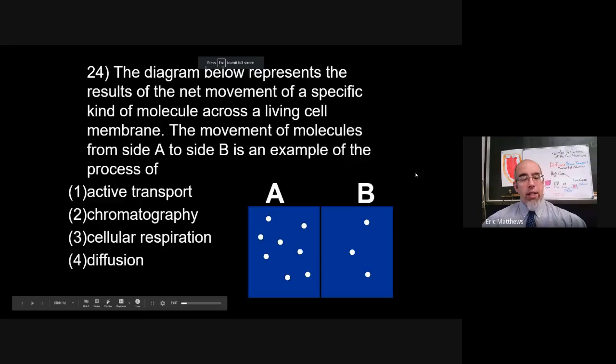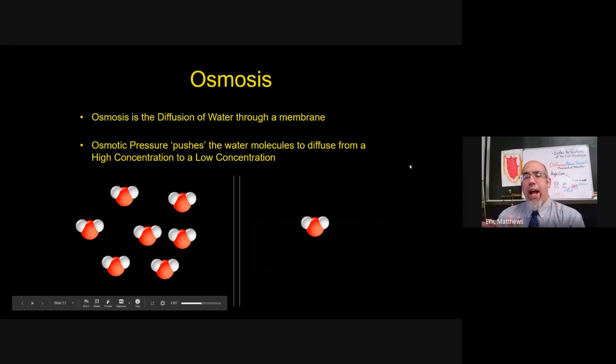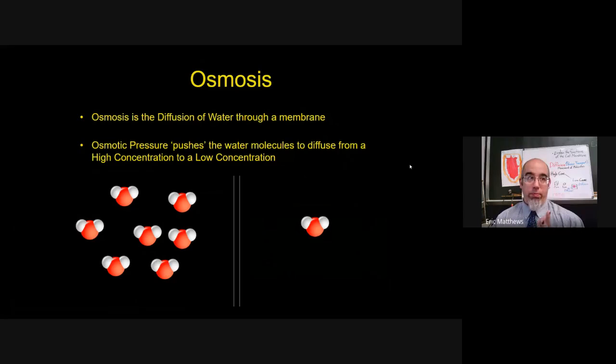All right, so that's nice. But let's get into why we're here today. All right, and this is to talk about the concept of osmosis. Now, osmosis is literally just the diffusion of water. All the same rules, all the same things. Anything that's true about diffusion is true about osmosis.